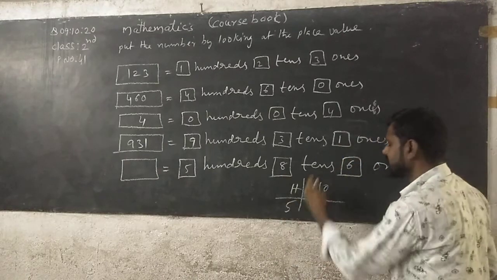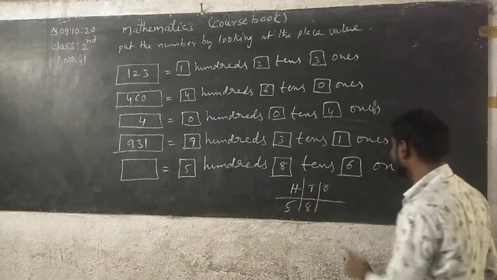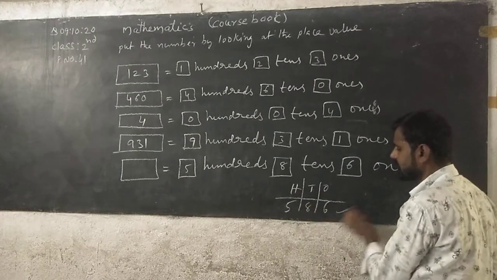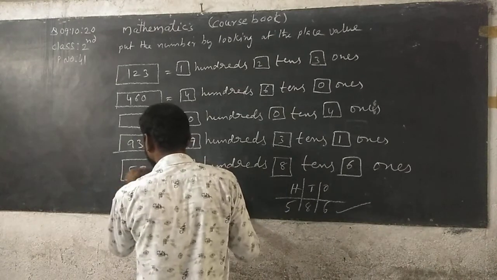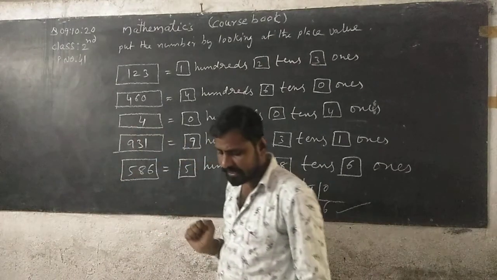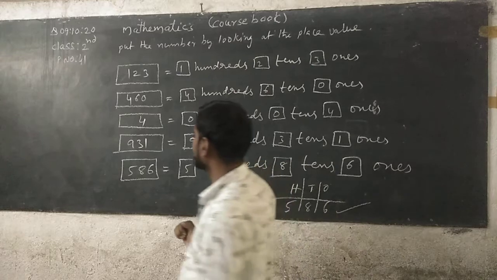Next, 8 is in tens place. And 6 is in ones. What is the number? 568.